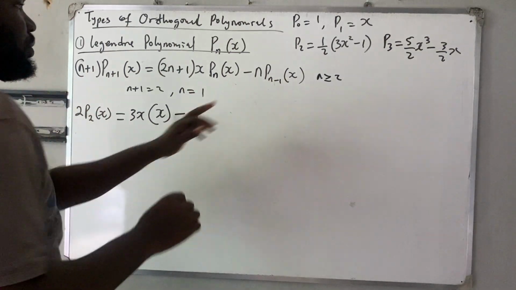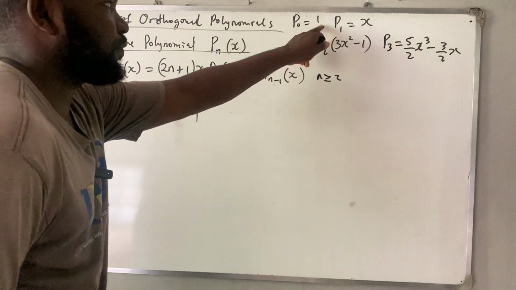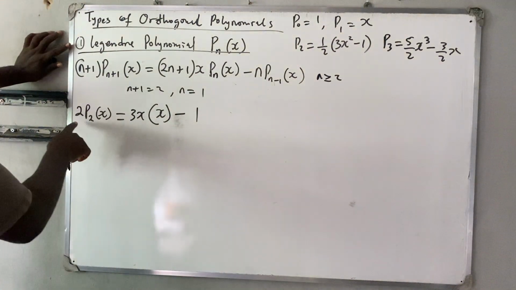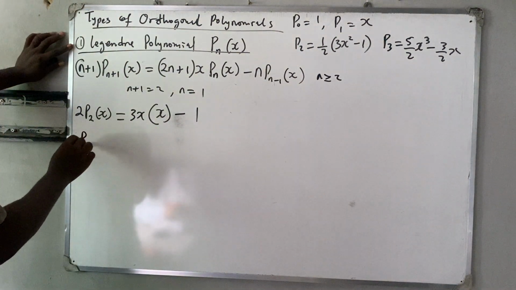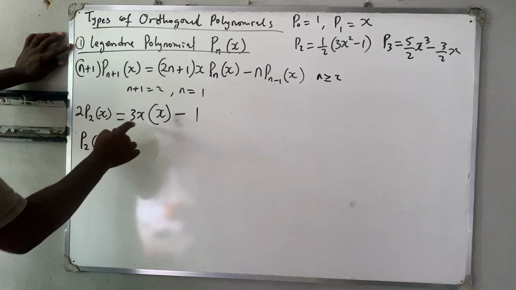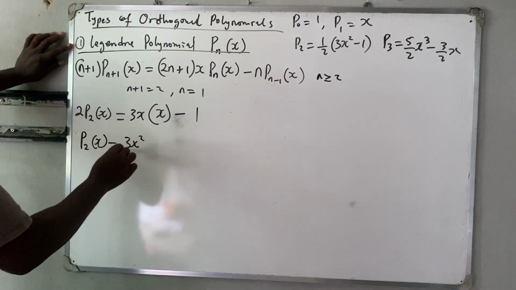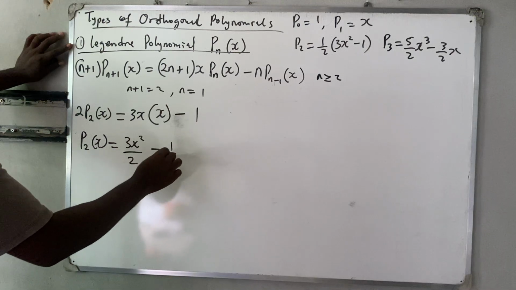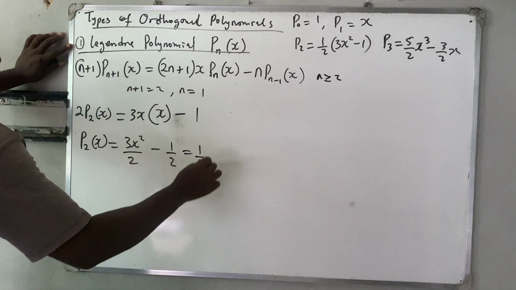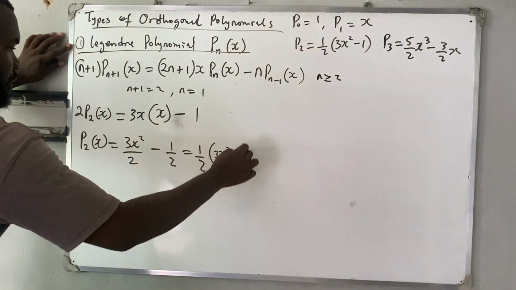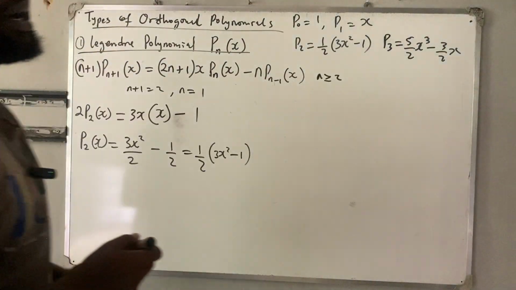So I'm having 1 because it's P naught of x, and P naught of x is 1. If you divide both sides by 2, you have that P2 of x is giving me 3x squared over 2 minus 1 over 2, which will give you 1 over 2 into 3x squared minus 1. You see, it gave us exactly the same answer here.